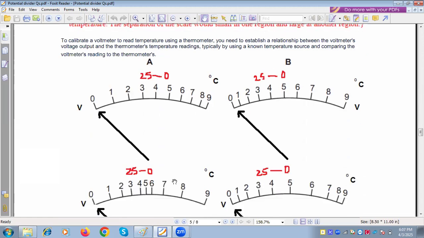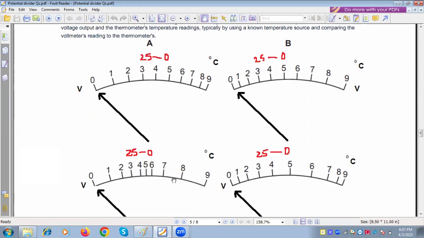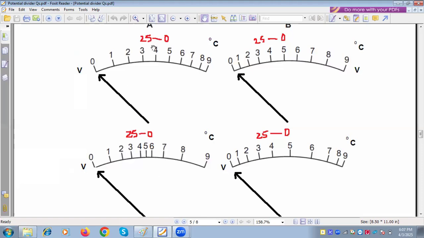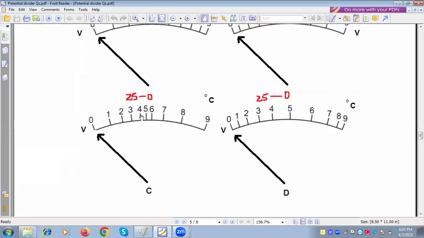This is a diagram of a calibrated voltmeter which shows the temperature here. So since our voltage lies between 3 and 4, this may be the suitable one. You can see the separation between the two divisions is not uniform. So non-linear scale, one thing. And second thing, only a small portion is used.